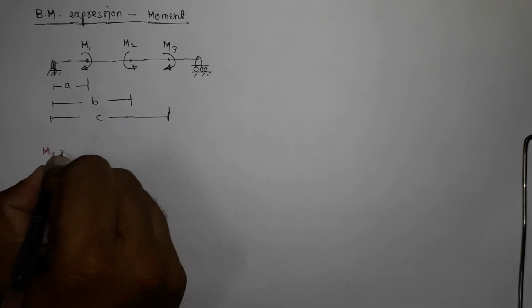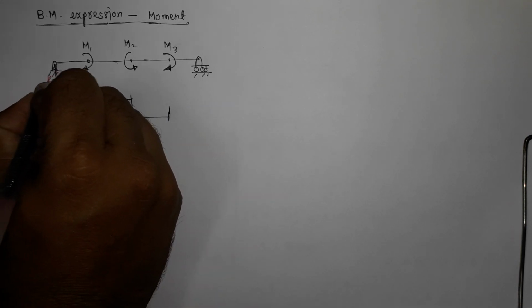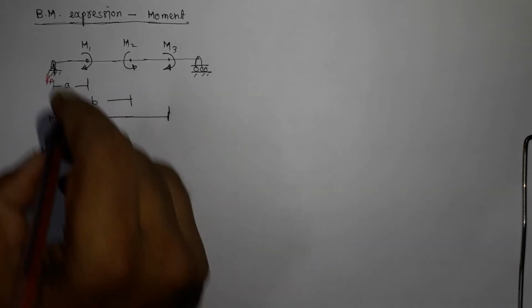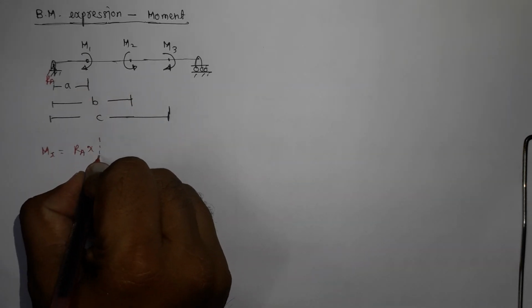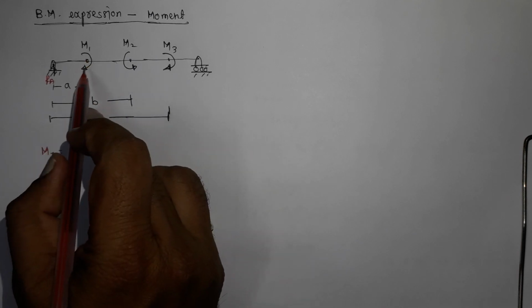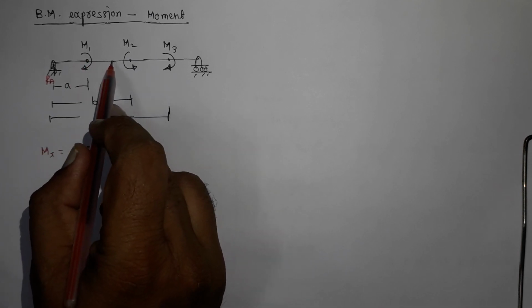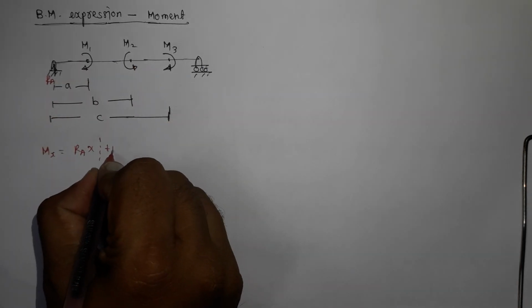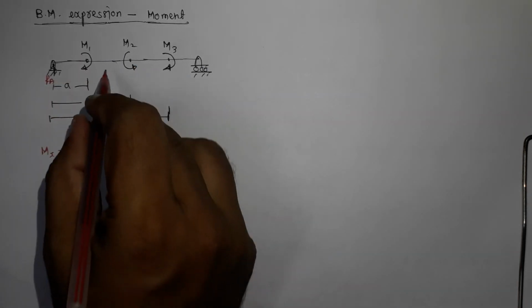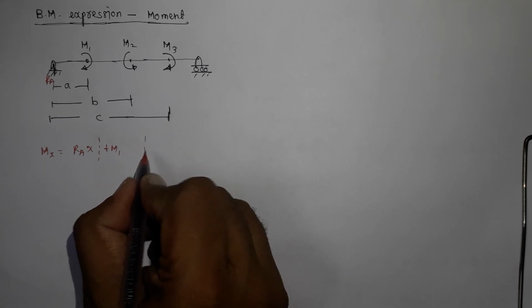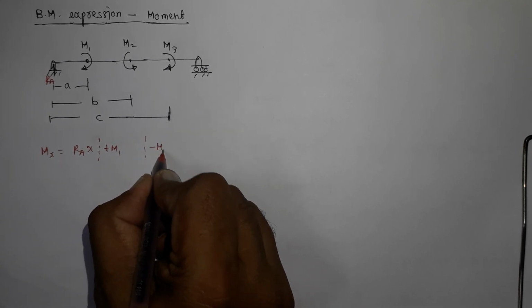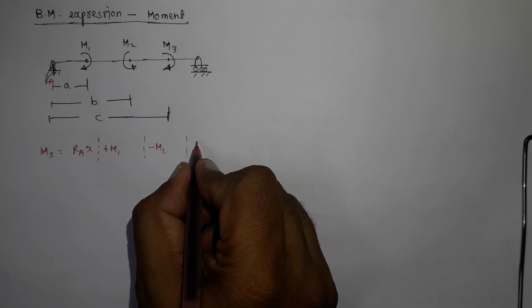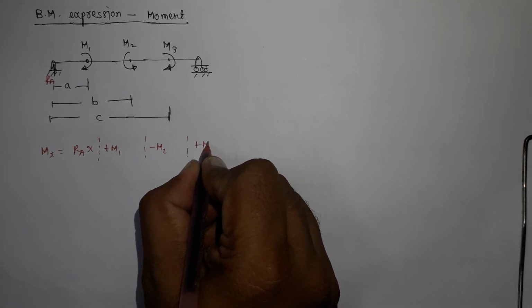Mx is equal to RA into X. When I deal with the first subspan, I will have to put a partition over here. Now the bending moment for this moment will get added over here. As it is clockwise, it will be plus M1. Now for the third subspan it will be minus M2. For the fourth one it will be plus M3 again.